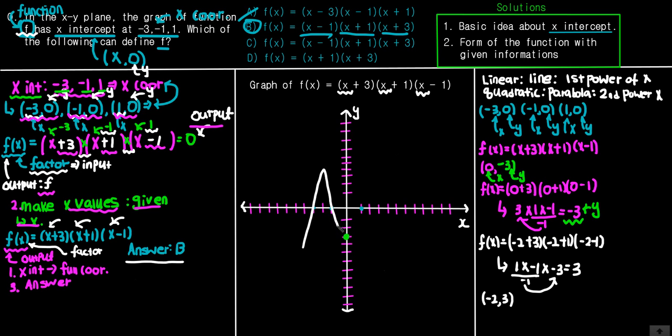It will look something like this, passing through all the points that we picked, and it will keep going according to f(x) = (x + 3)(x + 1)(x − 1). So this is the function f(x), and this is the approximate graph.